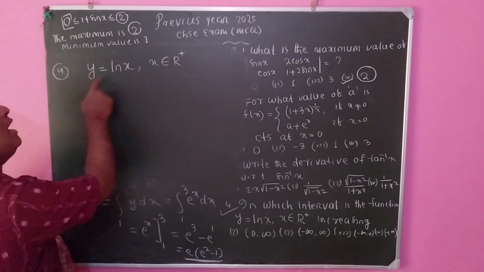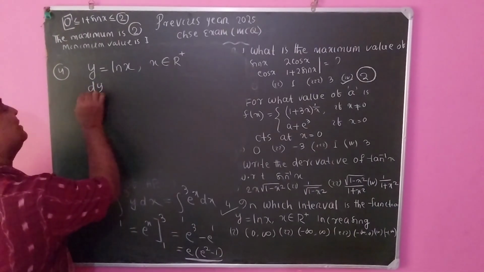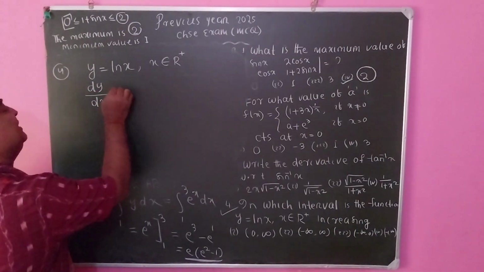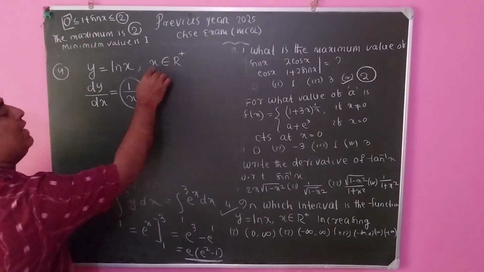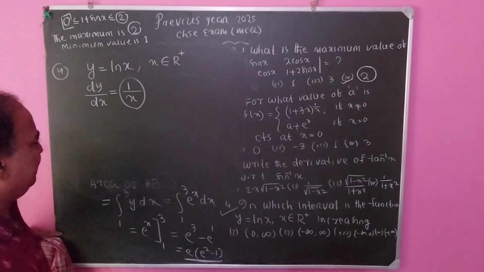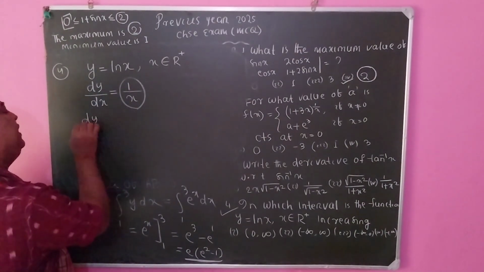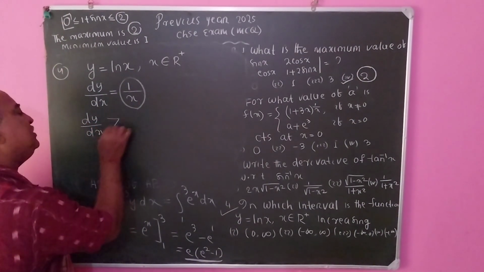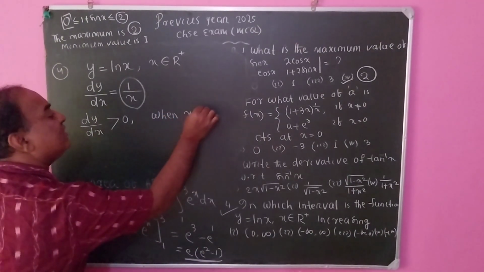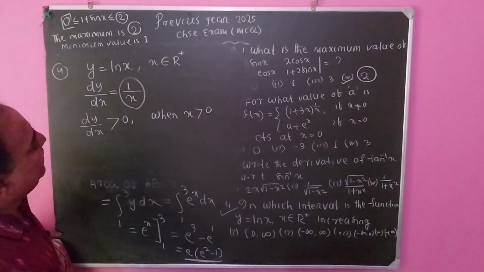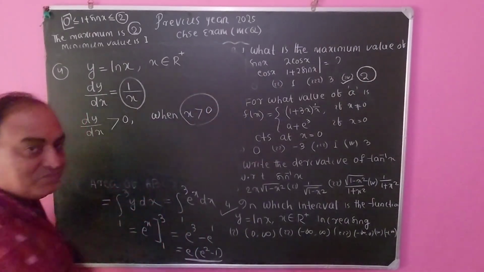So first of all, we have to find its derivative. Dy by dx is equal to the derivative of ln x, which is 1 by x. Our aim is x belongs to R plus. So dy by dx is greater than 0 when x is greater than 0.